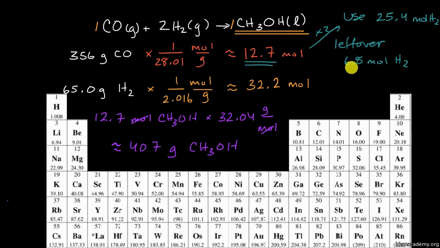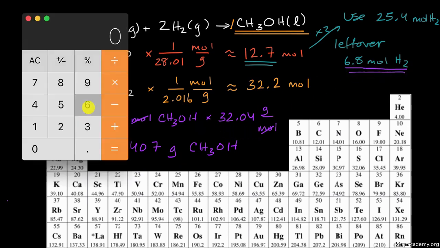Well, we just have to convert our moles of hydrogen that we have left over to grams, 6.8 moles of molecular hydrogen, times the molar mass here in grams per mole is just going to be the reciprocal of this right over here. So times 2.016. 2.016 is going to give us this right over here.